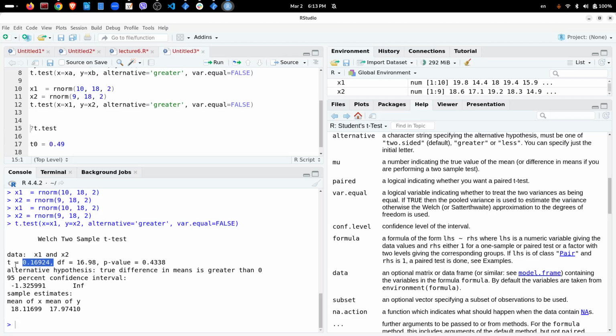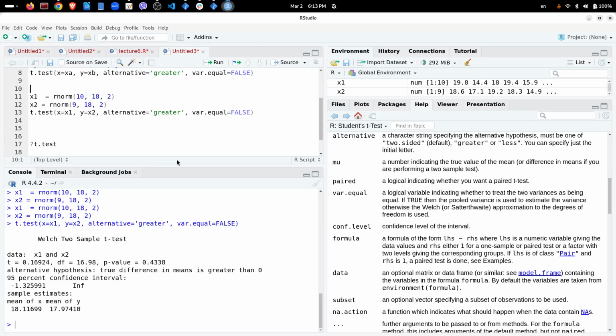But this t-statistic here definitely comes from the null hypothesis. Since it comes from the null hypothesis, I can repeat this many times to get realizations of t from the null hypothesis. I can do it with a for loop.